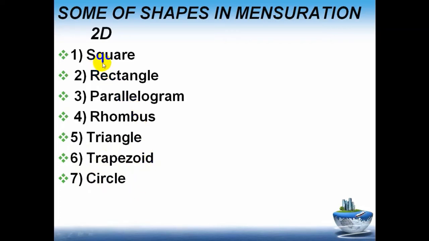So now we will find the area and perimeter for the square, area and perimeter for the rectangle, area and perimeter for the parallelogram, similarly area and perimeter for the rhombus, area and perimeter of triangle, area and perimeter of trapezoid figure, and circumference and area of the circle. Some of these figures we have already discussed, some geometrical shapes like square and circle, in the last video lectures.